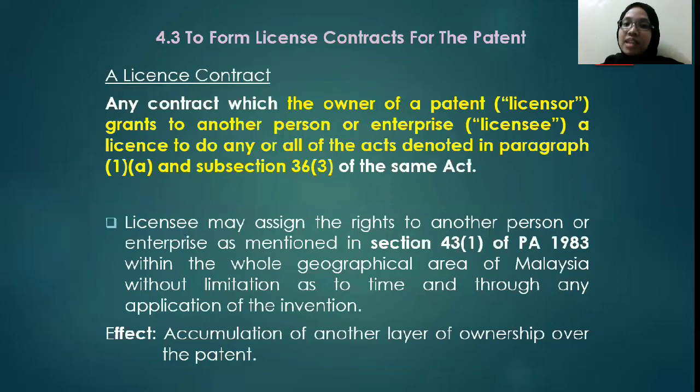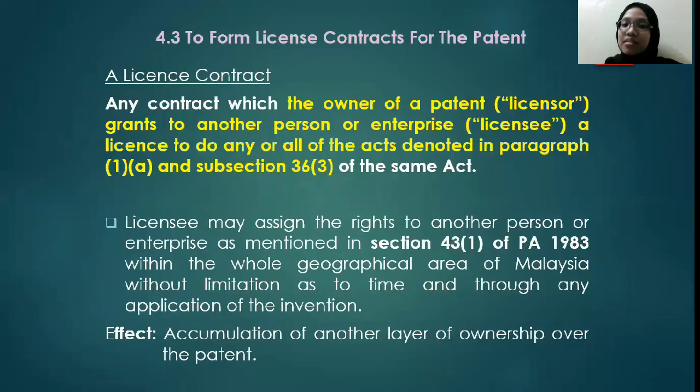The meaning of license contract is any contract which the owner of a patent, which is the licensor, grants to another person or enterprise, which is the licensee, a license to do any or all of the acts denoted in paragraph 1A and subsection 36(3) of Patent Act 1983. Section 36(3) is regarding exploitation of patent.